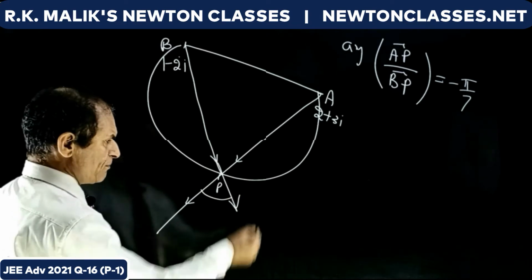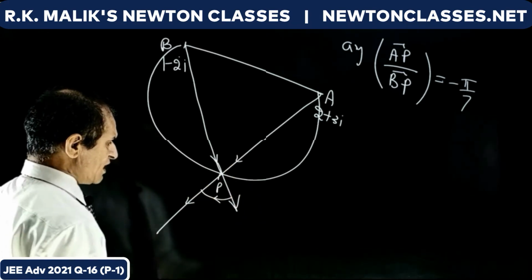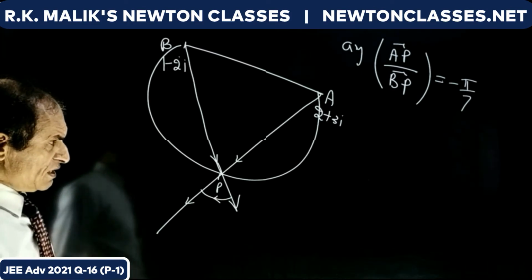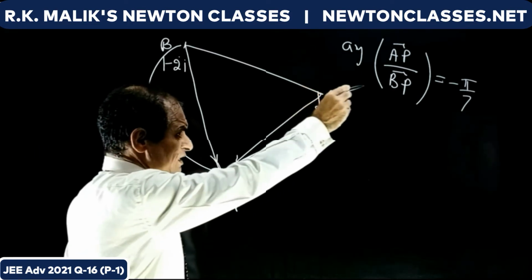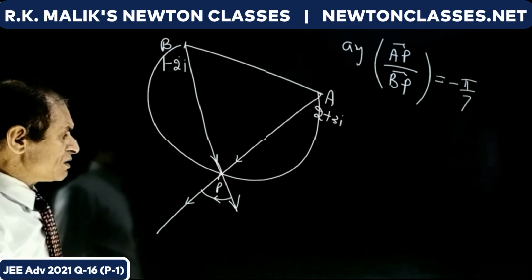Here it is BP, here it is AP, and this direction is clearly clockwise. That is why in the case of minus pi by 7, the point P will have to move below.